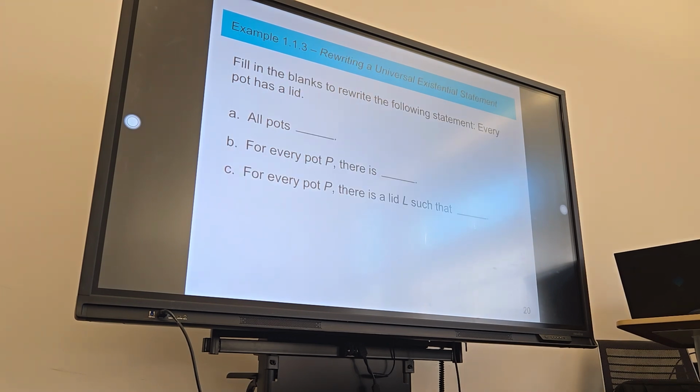Universal existential statement. Fill in the blanks to rewrite the following statement. Every pot has a lid. All pots have lids. For every pot P, there is a lid L. For every pot P, there is a lid L such that L is P's lid.